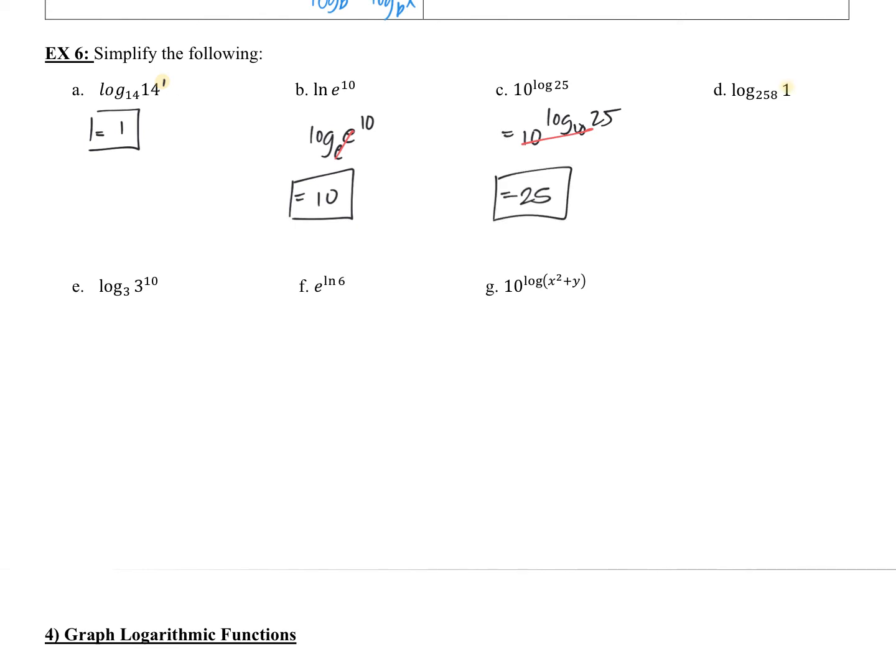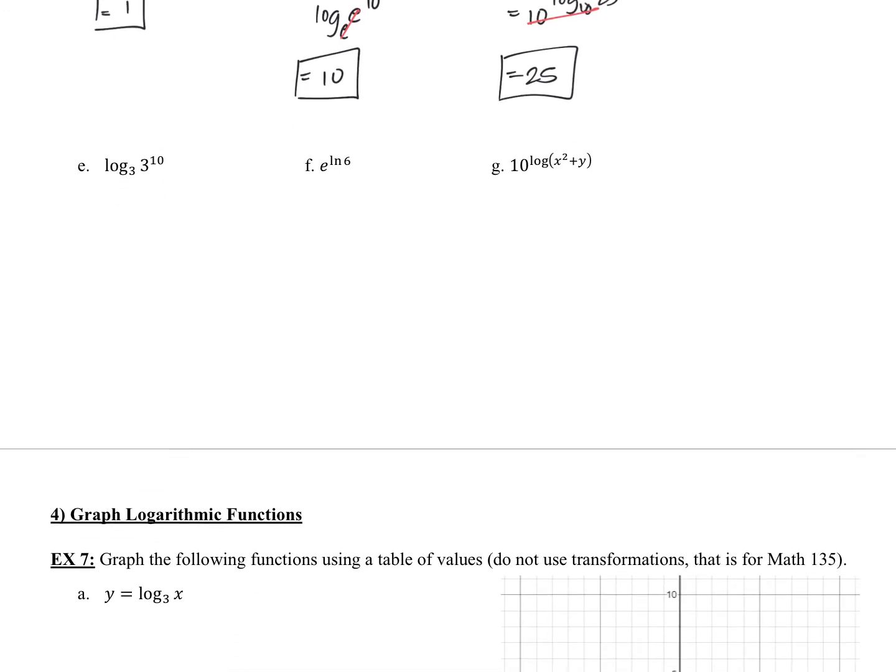Next one. Aha! The argument is 1, which means our answer is going to be 0. Next one. Looks like the bases are the same, so we can go ahead and, in a sense, cancel them, and we'll be left with 10. Next. Notice that's a natural log. This will be e to the log base e of 6. So the logs sort of cancel, and we're left with 6.